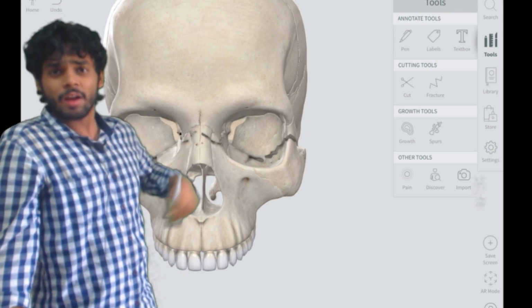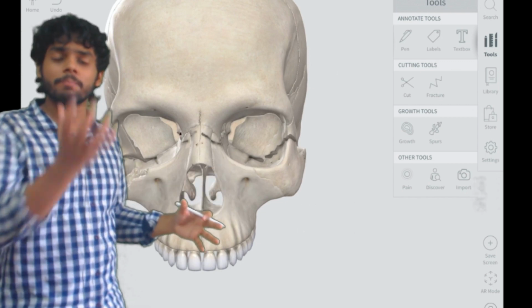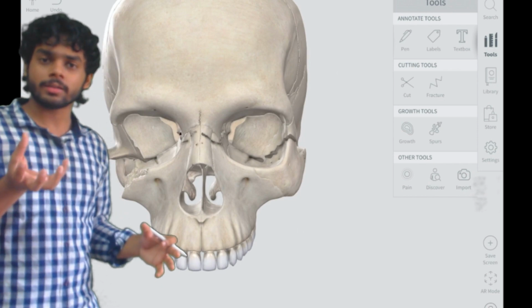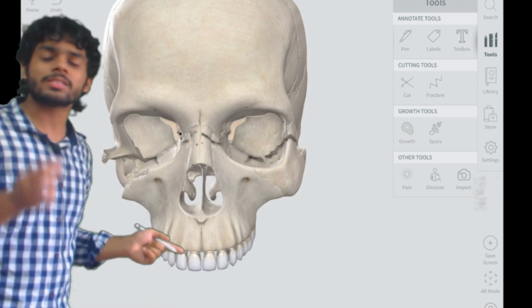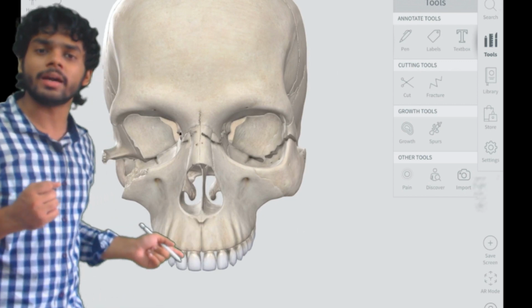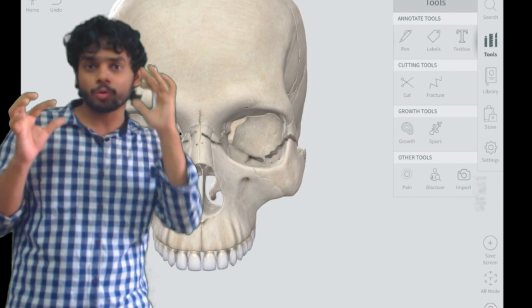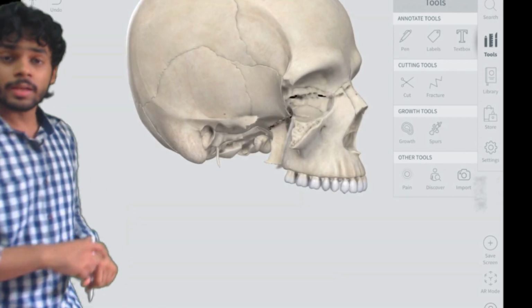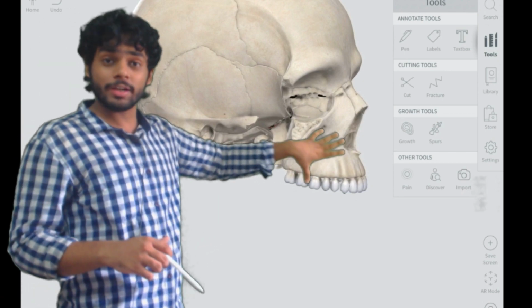Okay, and what happens since this part has been detached? The muscles are pulling it inside, and since the muscle is pulling towards the inside, it causes the open bite here. Okay, and the teeth are touching towards the inside. Actually there is a tilting. See, this part has been broken, this part has been detached.